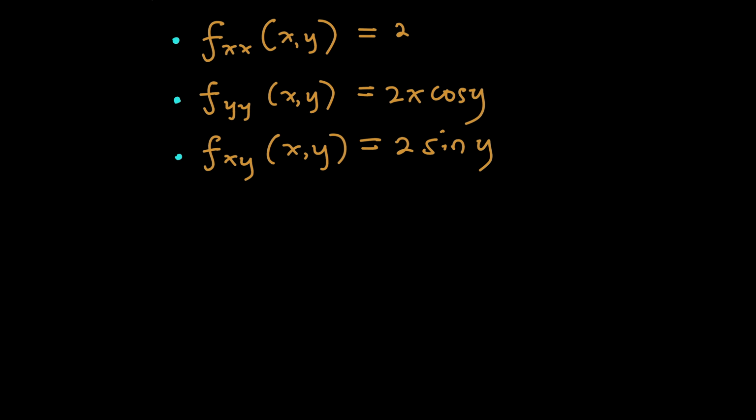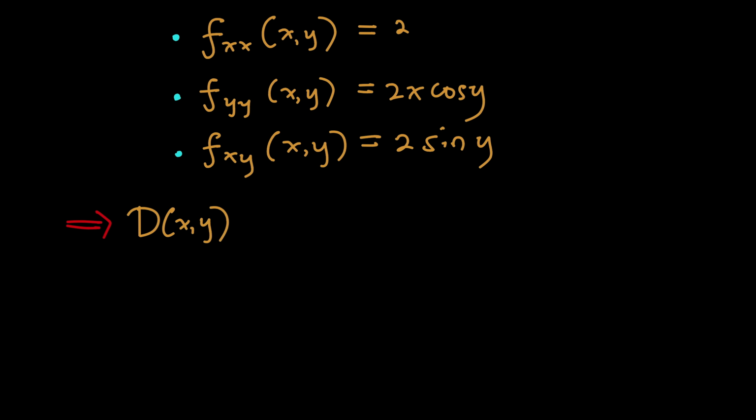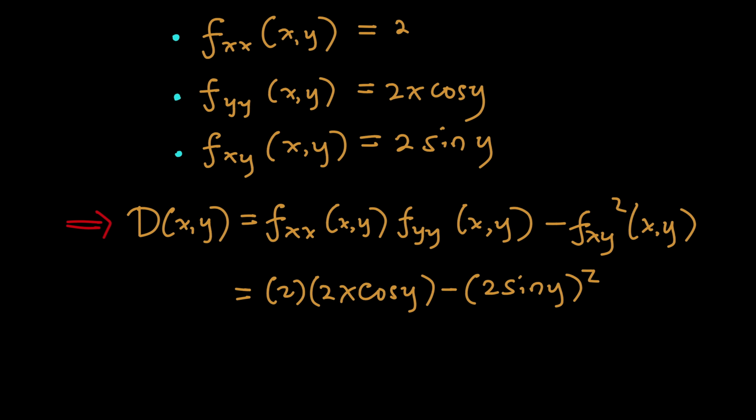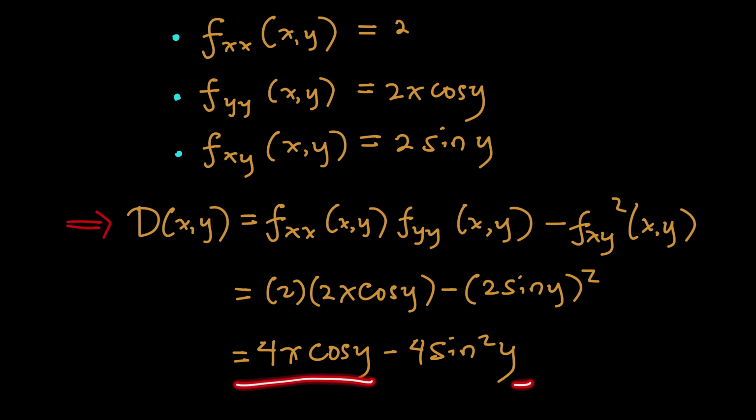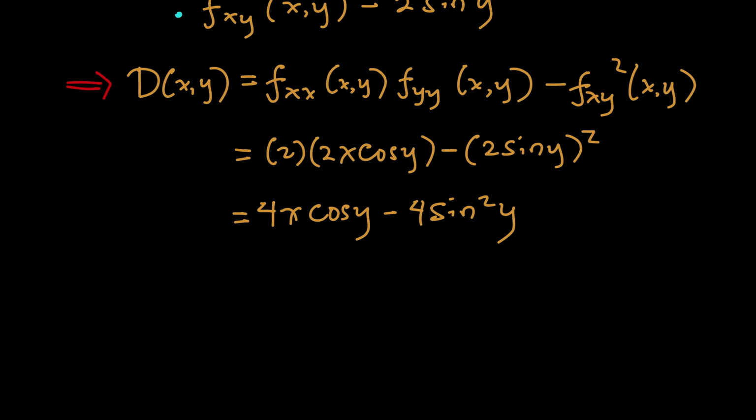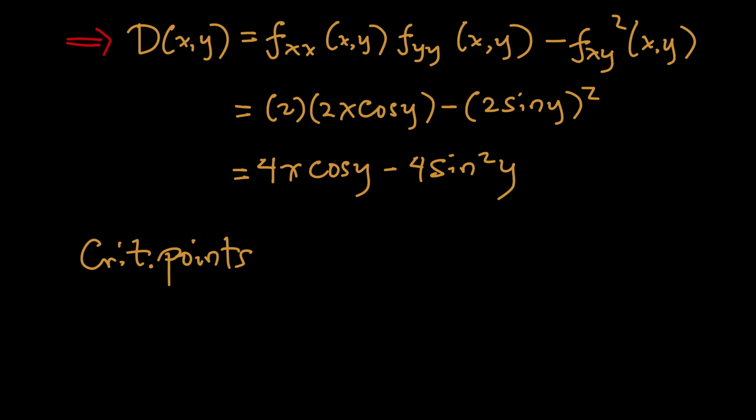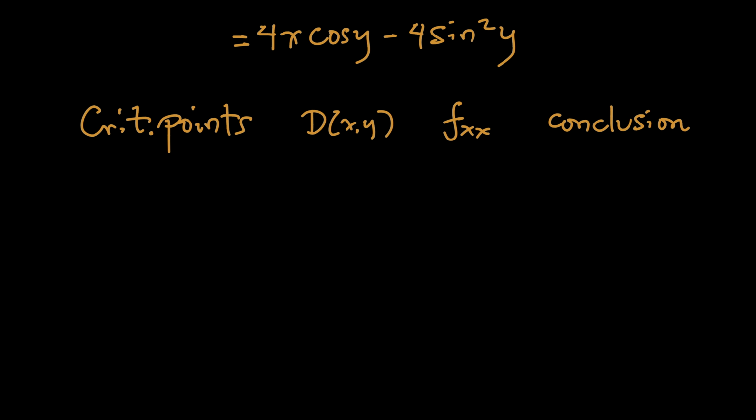And therefore, if we calculate the value of D, which is this one, this now reduces to 4x cosine y minus 4 sine squared y. And in order to simplify our conclusions, we create a table that summarizes the result. So we have the critical points, and then we also have the value of D, and then the second derivative, and the conclusion. Now, the critical points are (1, 0), (0, pi over 2), and finally (0, negative pi over 2).